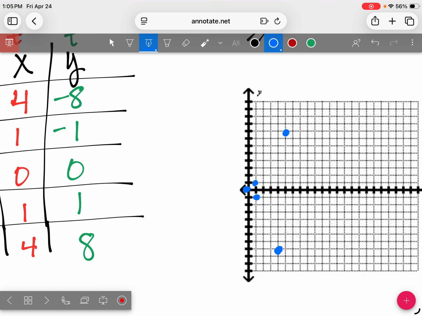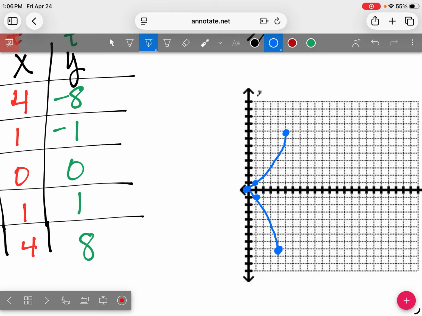Okay. This one's kind of weird the way it doesn't really look like a curve when you connect the points. I don't know how to describe that.